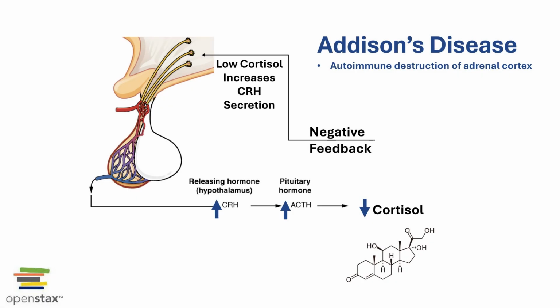Elevated ACTH occurs in Addison's disease because of the negative feedback mechanism in the hypothalamus and pituitary gland. Low glucocorticoid signaling will stimulate secretion of CRH and ACTH. However, the adrenal glands are not capable of producing cortisol in response to ACTH. Treatment for Addison's disease usually involves glucocorticoid medication as hormone replacement therapy.